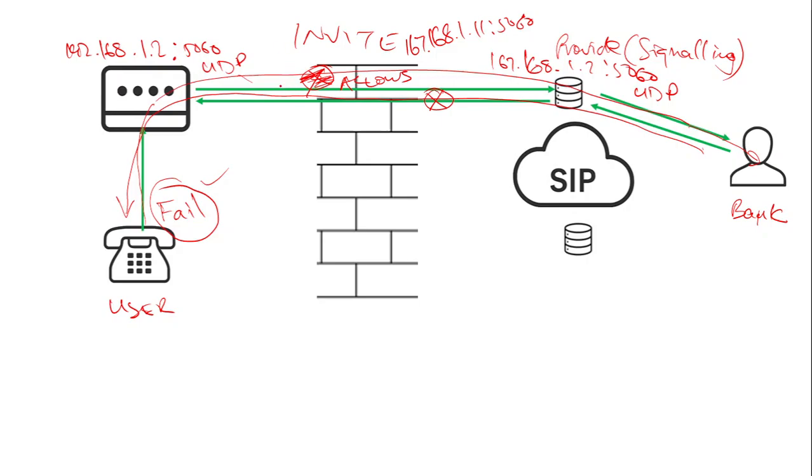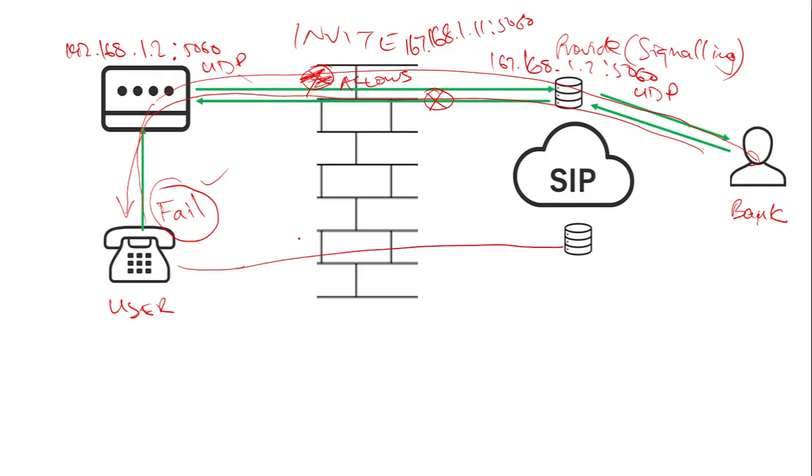So we must make sure on the firewall that we allow this outbound UDP port 5060 and its return. If everything is successful, the call is set up.